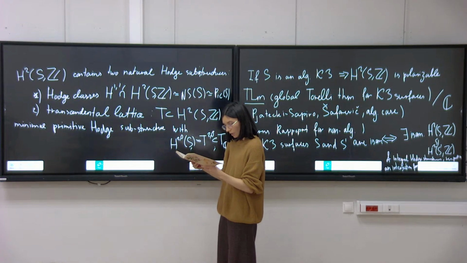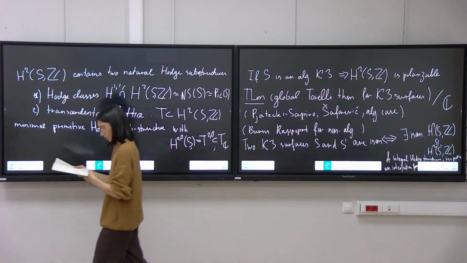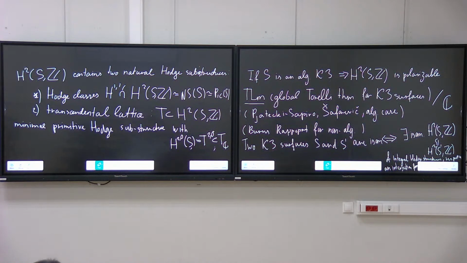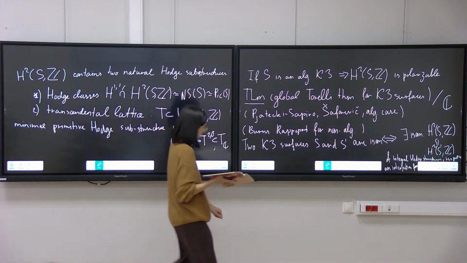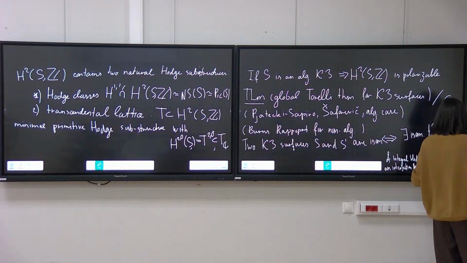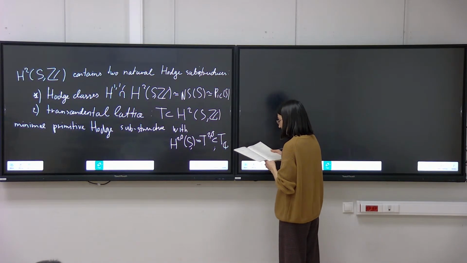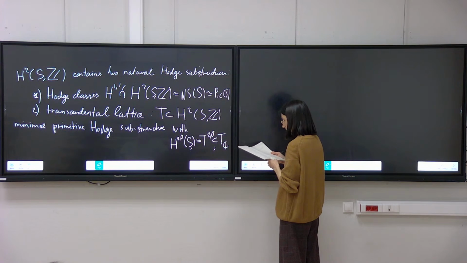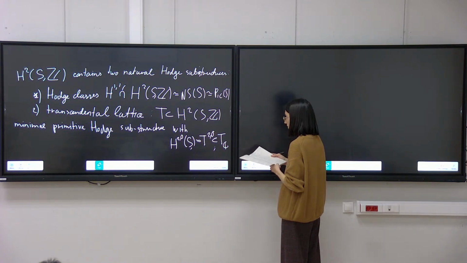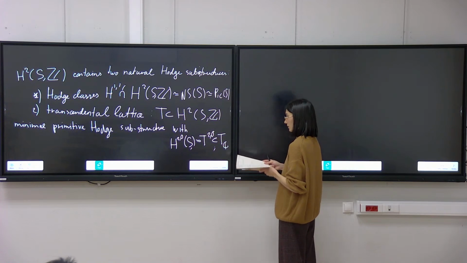Okay, and now let me formulate what is the derived global Torelli theorem. Yes, so in fact, there exist non-isomorphic K3 surfaces with isomorphic transcendental lattice.